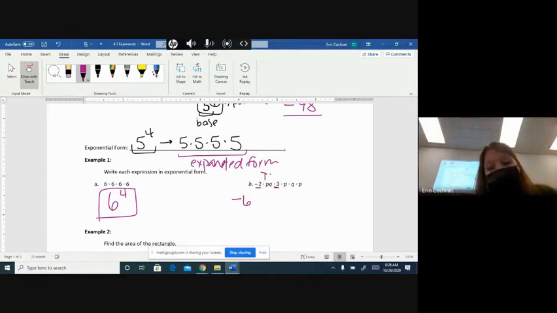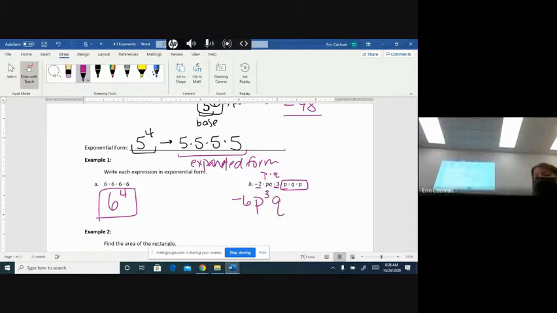P times Q. So we have P times Q times P times Q times P. We have some that are the same, don't we? Yeah. We have how many P's? 3. So it's going to be P cubed times Q to the 2nd power. And then do I need to have times in between all of those? No. So this would be exponential form. Negative 6p cubed q squared. Okay. Any questions with that?